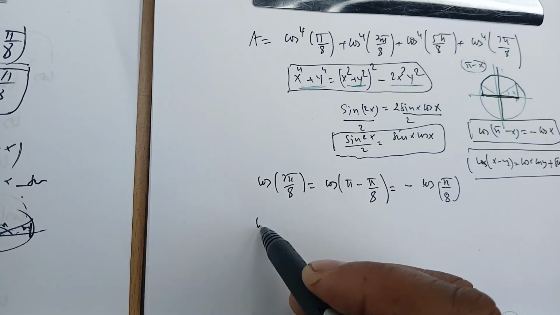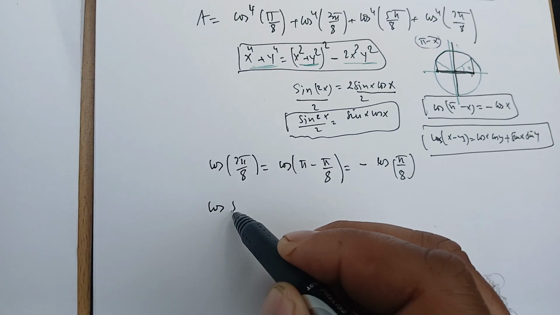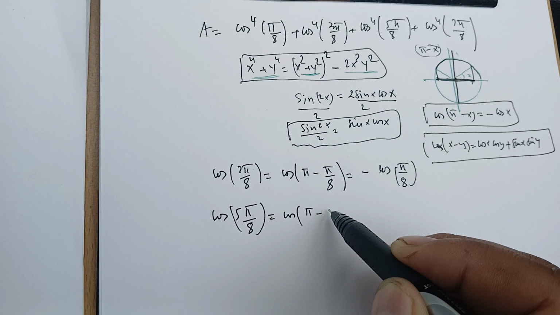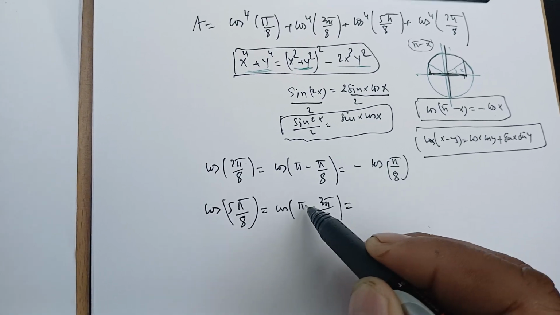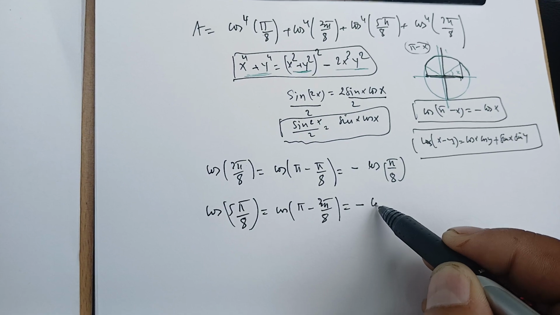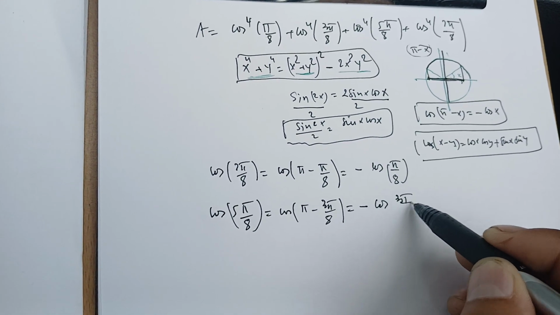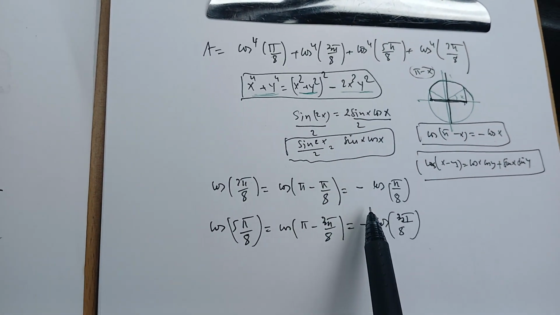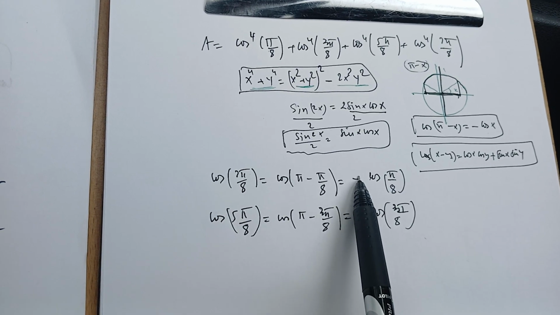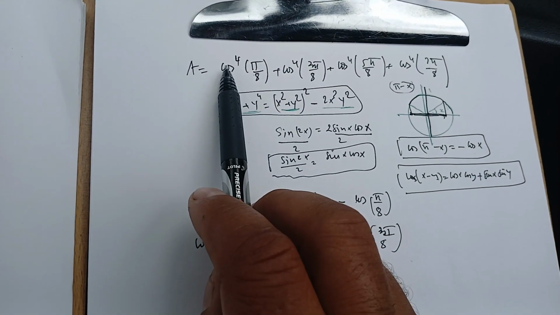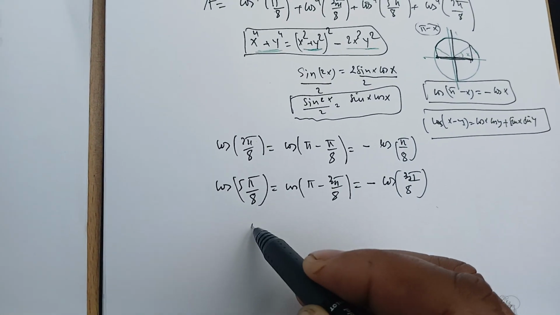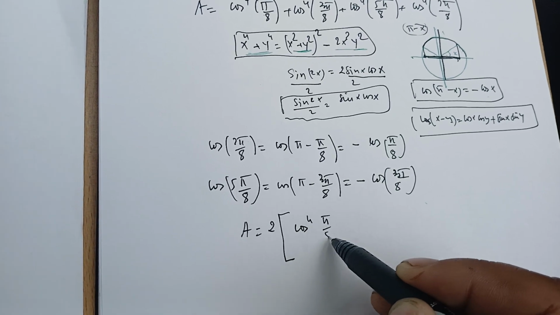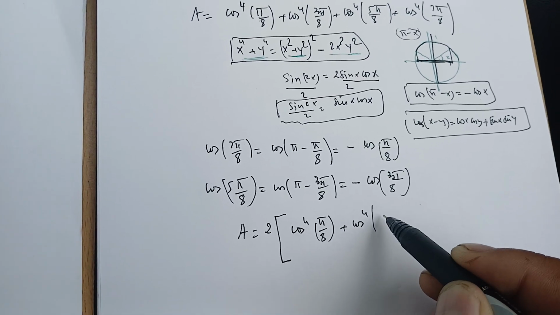Now for this one, cosine 5 pi over 8 is just cosine of pi minus 3 pi over 8. Do the algebra. So it's going to be minus cosine 3 pi over 8. Now with the power 4, the minus is going to go, so we're going to have 2 of this angle and 2 of this angle. Therefore, A becomes 2 times cosine to the power 4 of pi over 8 plus cosine to the power 4 of 3 pi over 8.